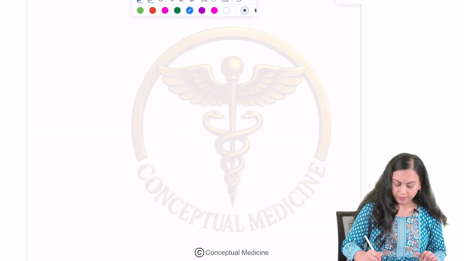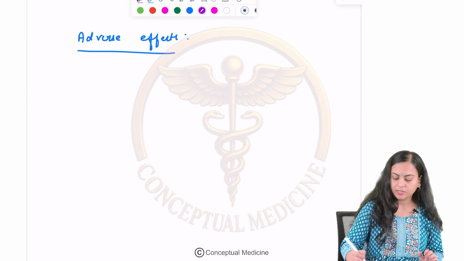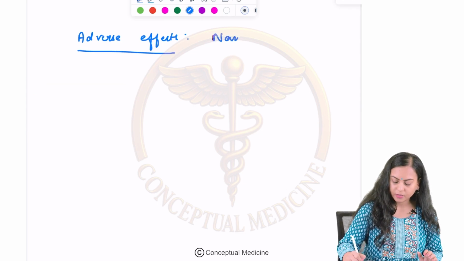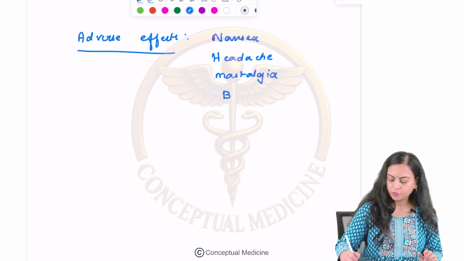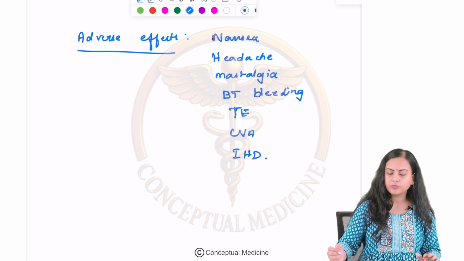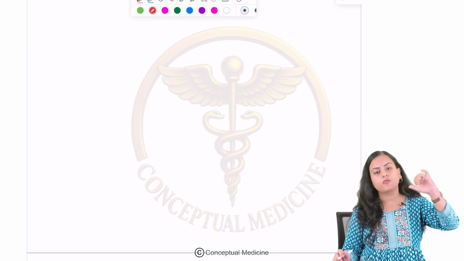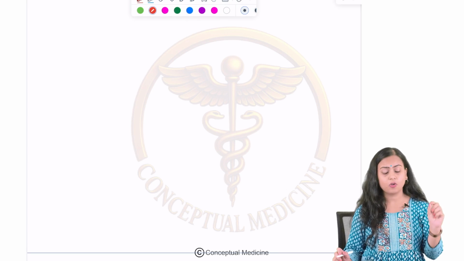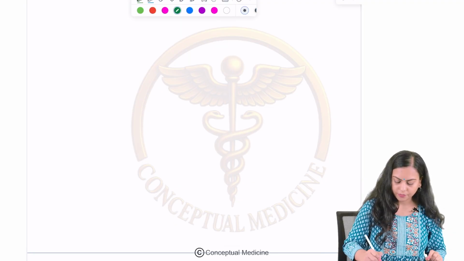So what are the adverse effects of using these drugs? Again, yes, there can be nausea, headache, mastalgia, breakthrough bleeding. The same thing applies here also. Thromboembolism, CVA and ischemic heart disease. Clear? Right. And sometimes instead of offering combined oral contraceptive pills, we can even offer them a simple oral progesterone. Okay. So oral progesterone.